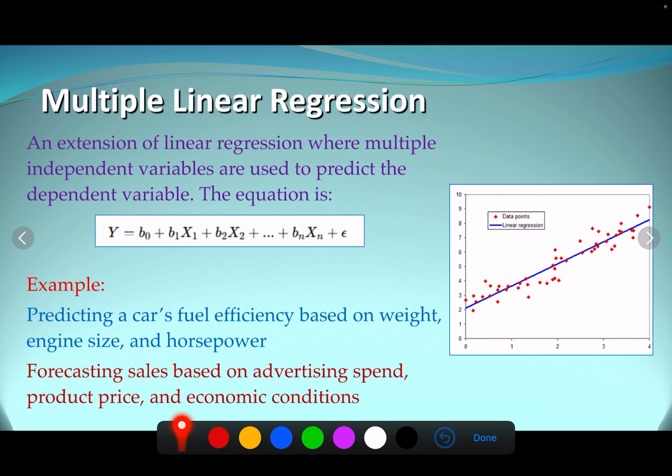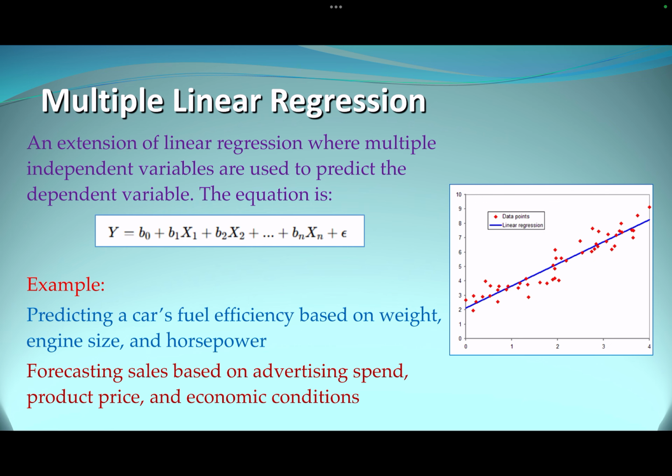If you want to predict a car's fuel efficiency, it can be predicted based on the weight of the car, engine size and horsepower. Or whenever we want to forecast sales based on the money spent on advertisement, the product price, and the economic conditions. So multiple variables can be used, x1, x2, x3, and by using these multiple variables, we can predict the value of y.